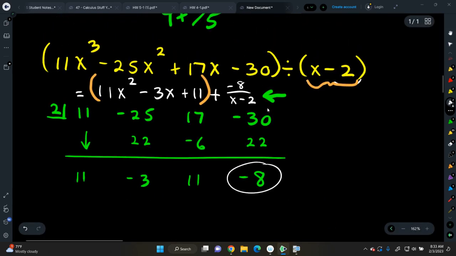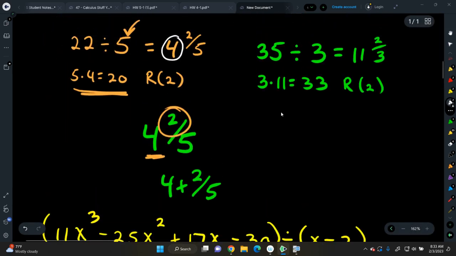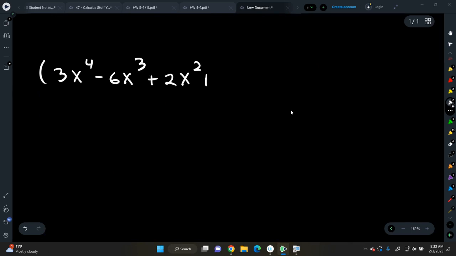Okay, let's do another one. The quiz is literally the same thing, but just writing it right. Let's do 3x to the fourth minus 6x to the third plus 2x squared plus 8x plus 7 divided by x plus 1.